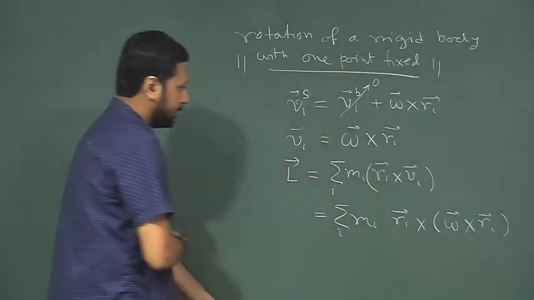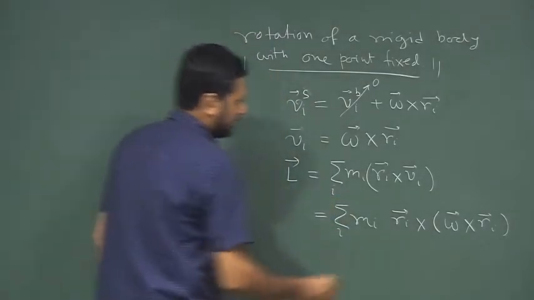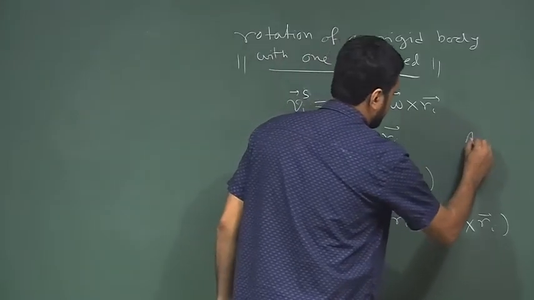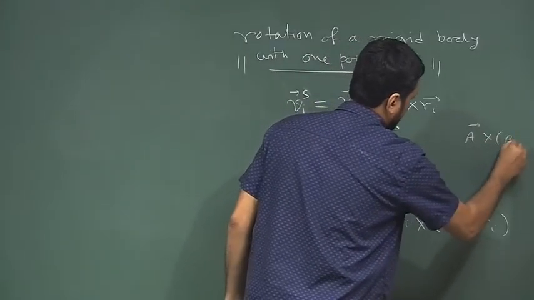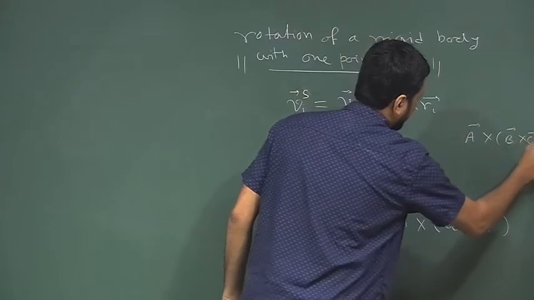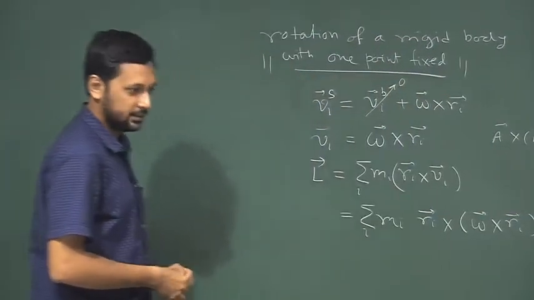So, this expression once again is of the form A cross B cross C, and we know that this is an identity.